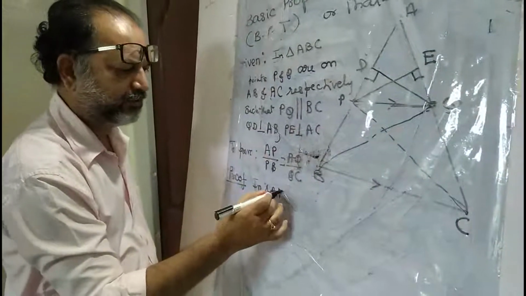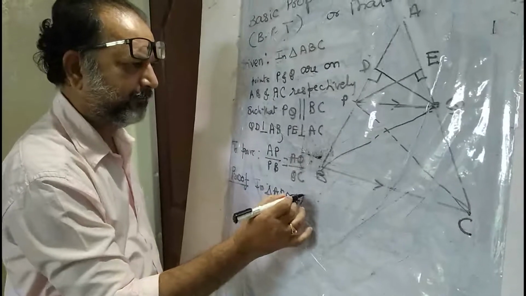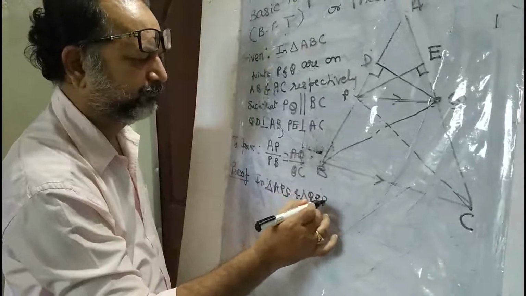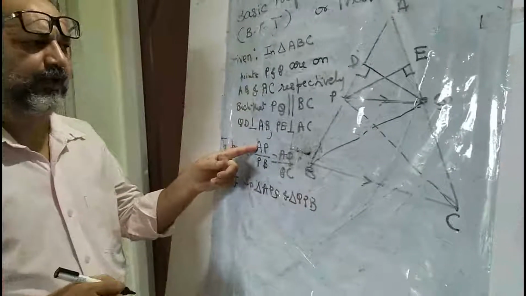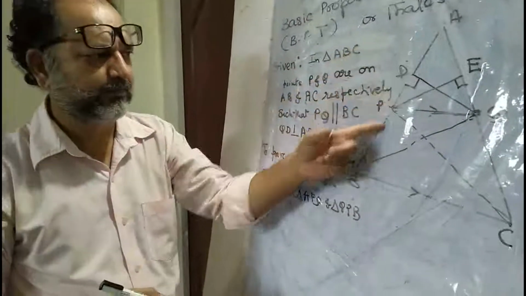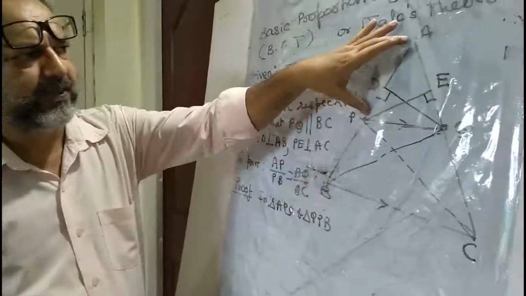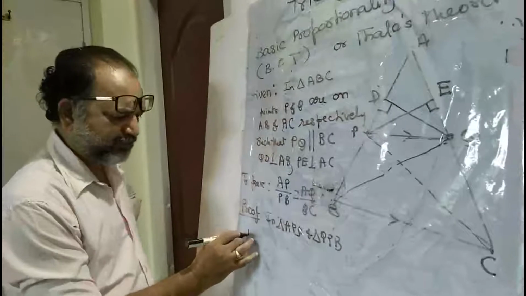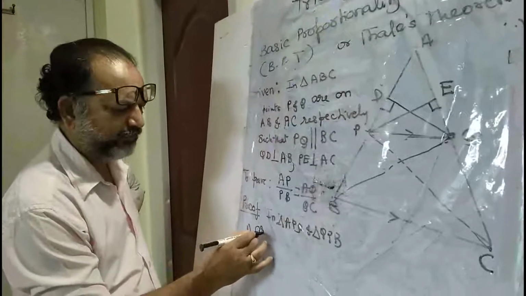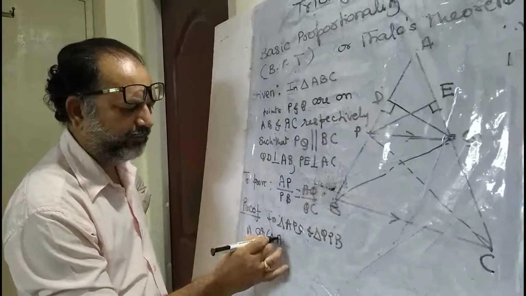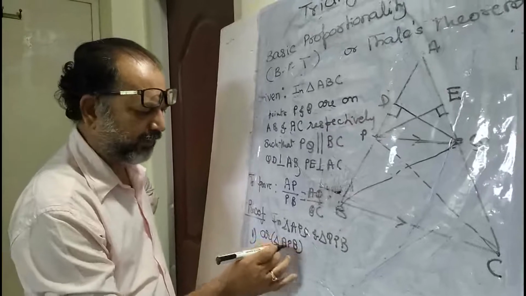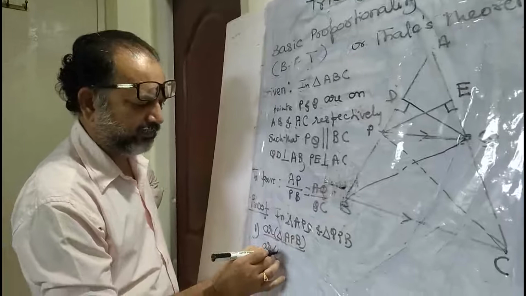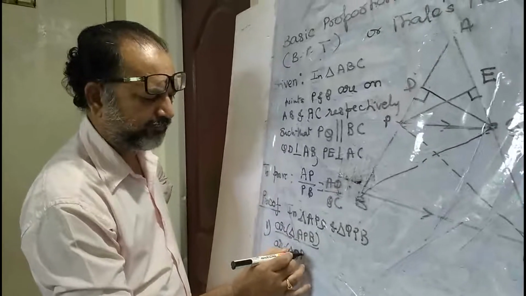Why do we take those two triangles? Because we have to get AP and PB. These we will take as the basis of these two triangles. So the first step you must always remember, we always start with area of triangle APQ upon area of triangle QPB.